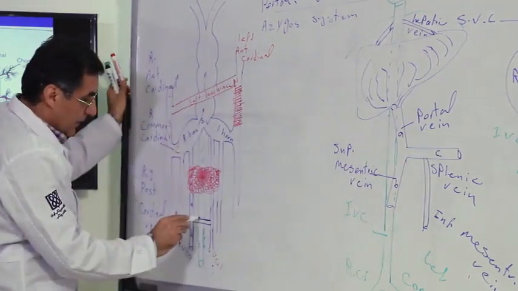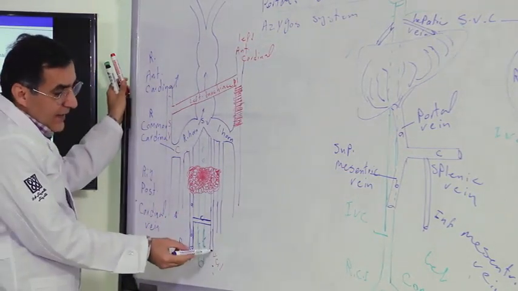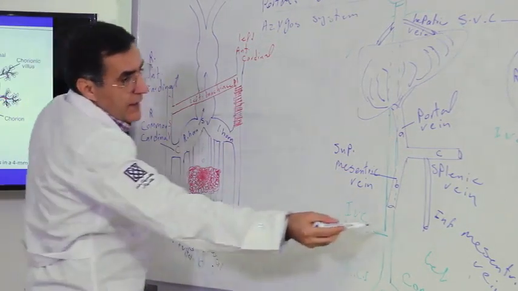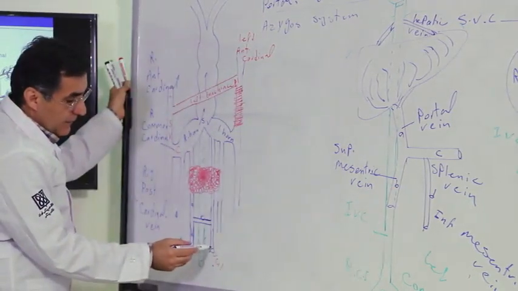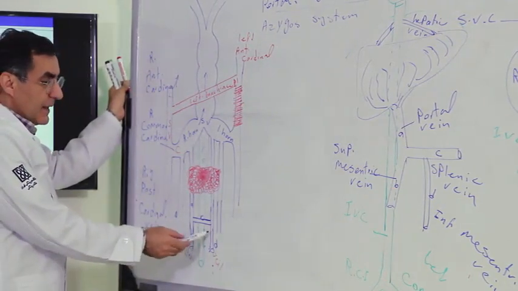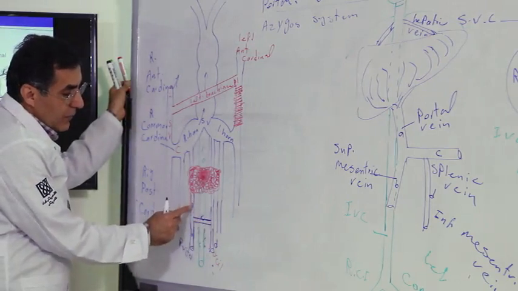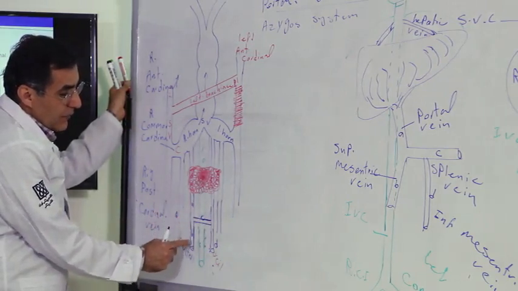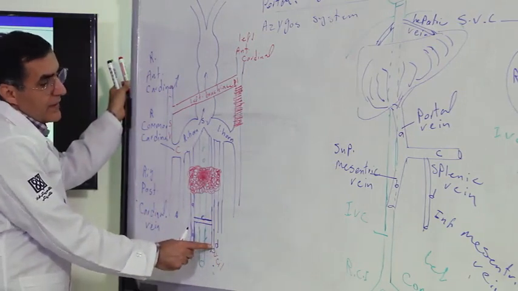I write here C. Okay, and the inferior mesenteric vein is formed by the left vitelline vein, and we have again the same map here: portal vein, superior mesenteric vein, splenic vein and inferior mesenteric vein.